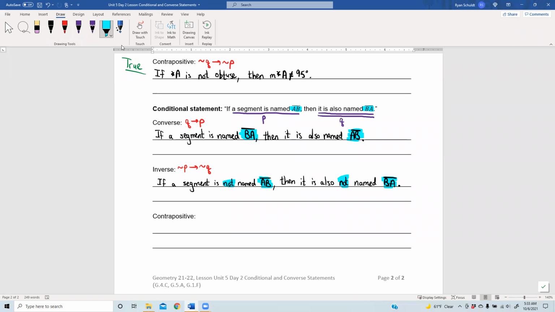Okay, and then we have the contrapositive. That's if not Q, then not P. So now I want the BA to come first.